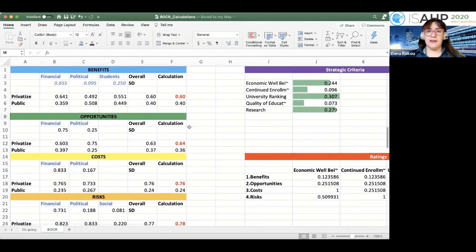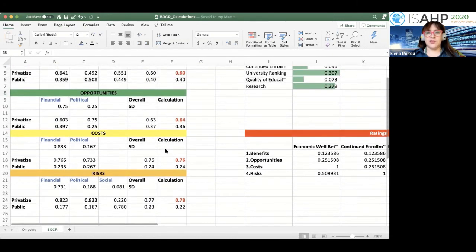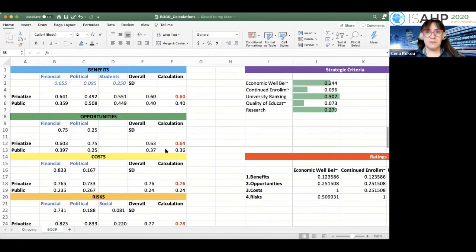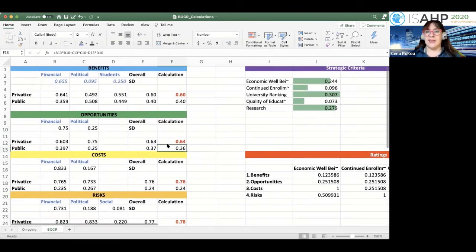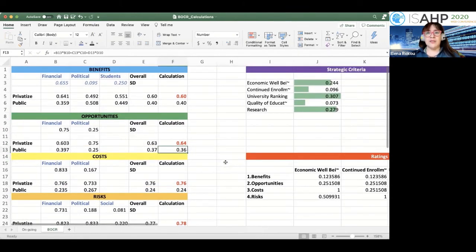So over here, we have already done the benefits, opportunities, costs, and risks, always following the exact same process where you go to the bottom level, financial, for example, opportunities, synthesize to get your values, then go to the bottom level, opportunities, political, synthesize again, take the weights for the financial control criterion and the political control criterion from the judgments panel, and then either sum and multiply or use the sum product in order to calculate the actual values. And what do we have now?